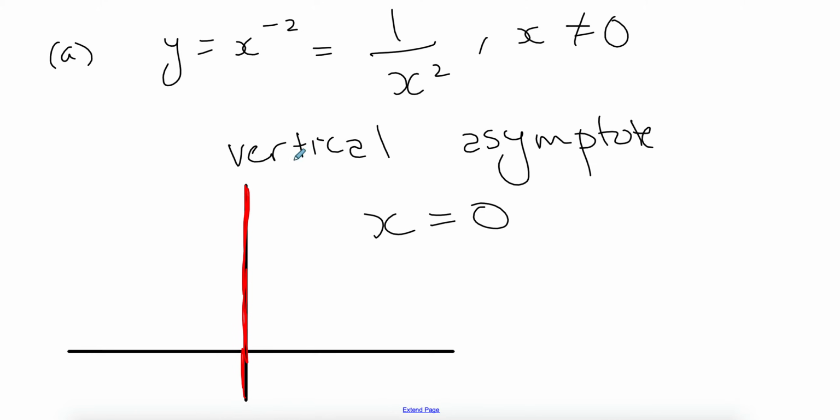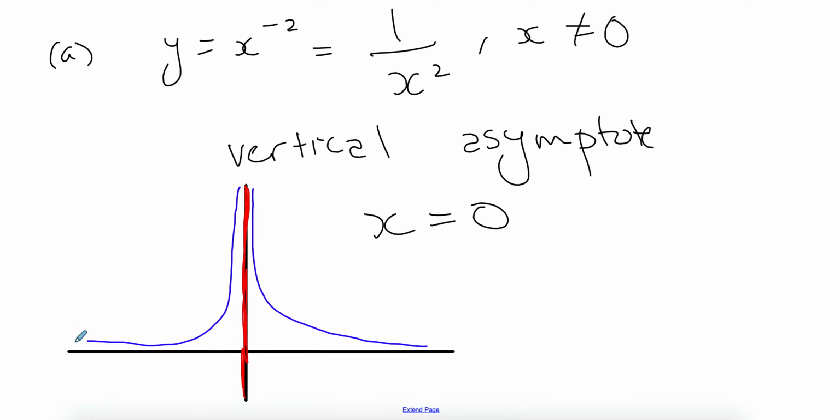And the graph of this function is actually something like this. So you don't actually get negative y values. So there's no value for y when x equals to 0, so x equals to 0 is an asymptote.